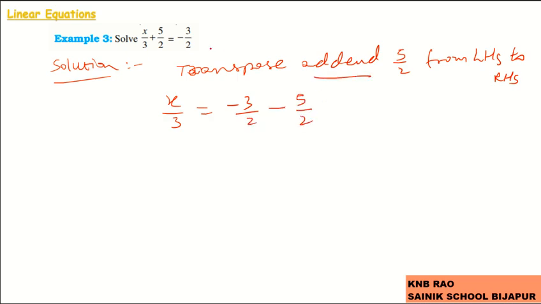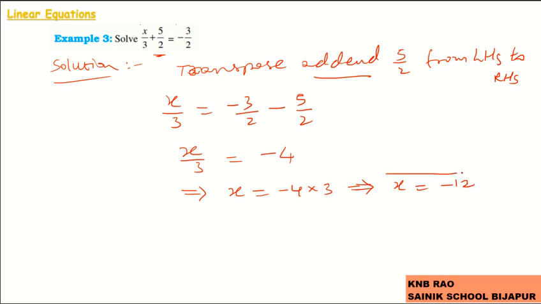Why? Because it is an addend, and this addend will become a subtrahend. Now x by 3 equals minus 3 and minus 5 with the same denominator becomes minus 8 by 2, which is minus 4. Now here 3 is the divisor. If it is transposed to the other side, it becomes a multiplicand. So minus 4 into 3 implies x equals minus 12. This is the solution.